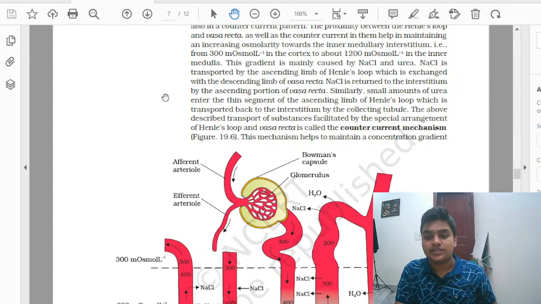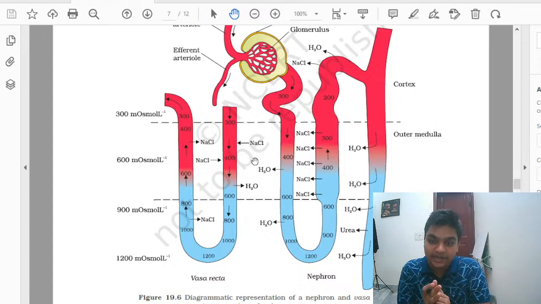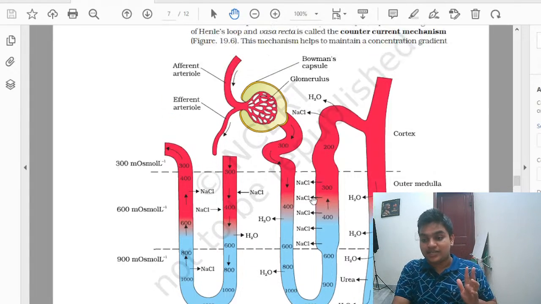The increased gradient is mainly caused by NaCl and urea. NaCl is transported by the ascending limb of Henle, which is exchanged with the descending limb of vasa recta. See here, the ascending limb of the loop of Henle is reabsorbing NaCl, and this reabsorbed NaCl is being secreted into the blood in the vasa recta.